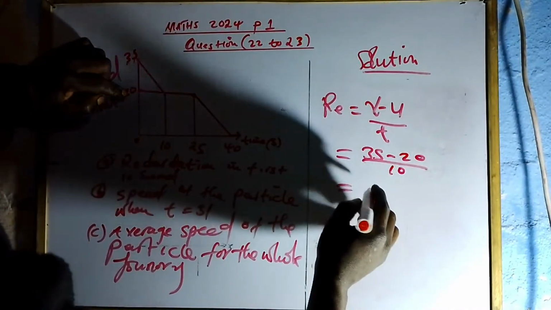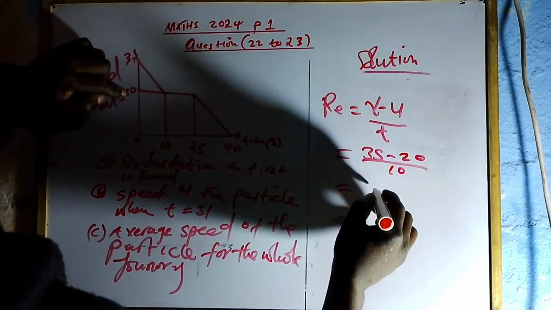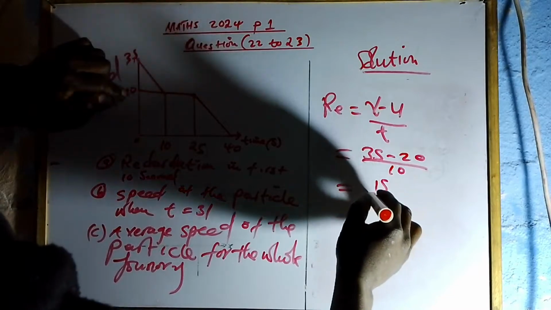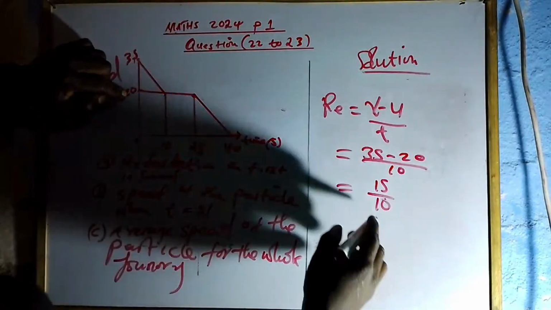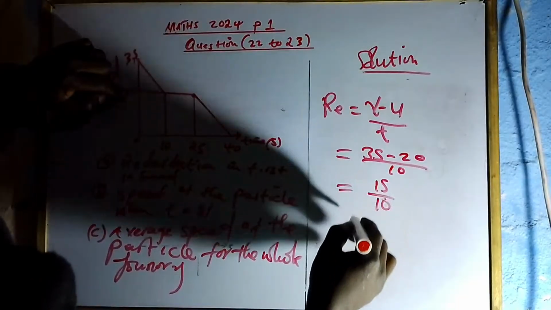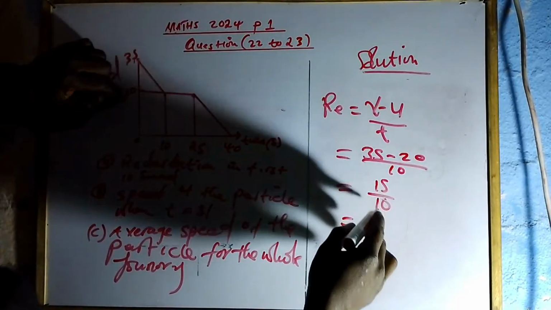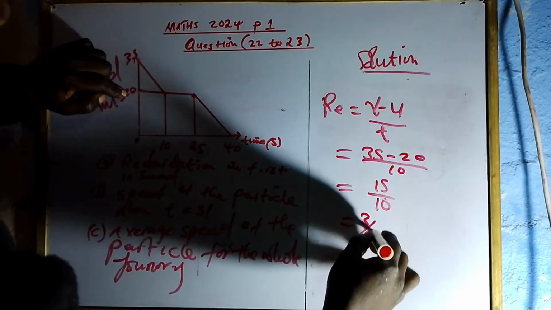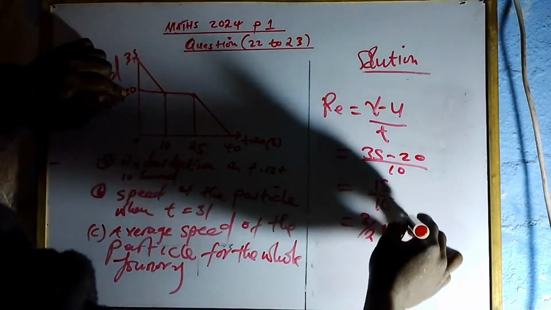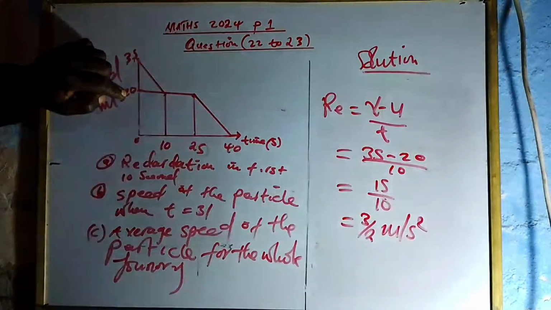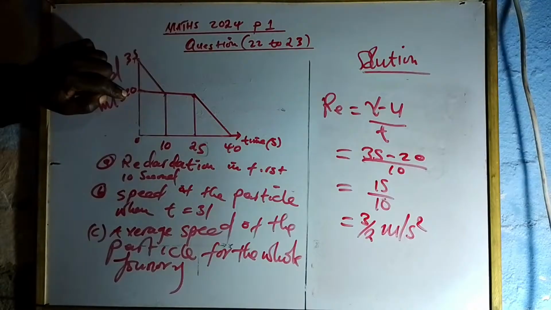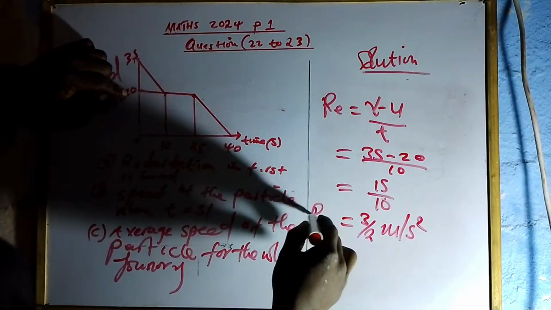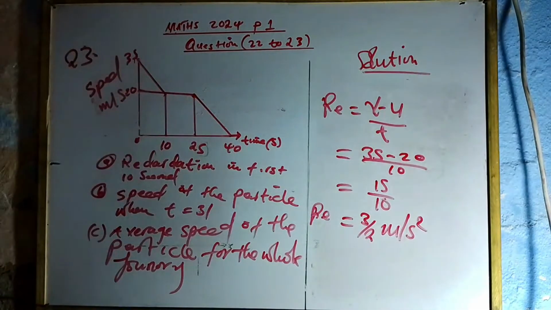So it will be 35 minus 20, which is 15 over 10. Then 5 goes into 15 and 10, which gives 3 over 2 meters per second squared, because we have to find the retardation, which is the same as the deceleration.